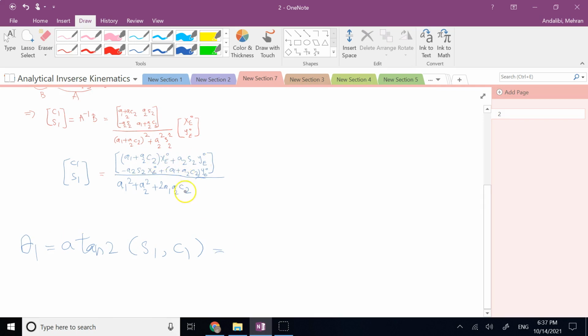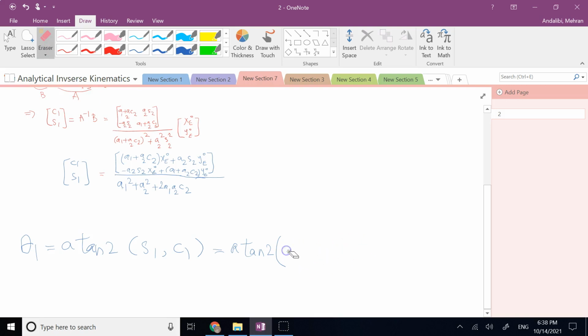These guys that they have, right? So it can simply be written as arctangent 2 of basically these guys here that I just showed you. A1 plus A2 C2 XE, right? Or that's actually the sine term.